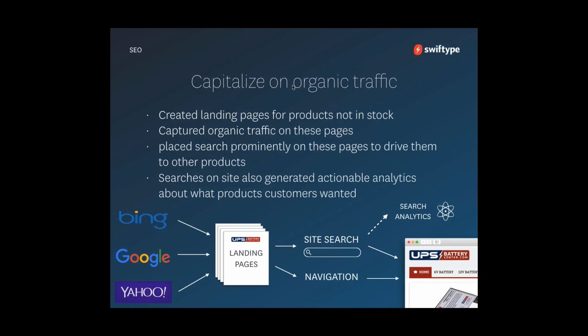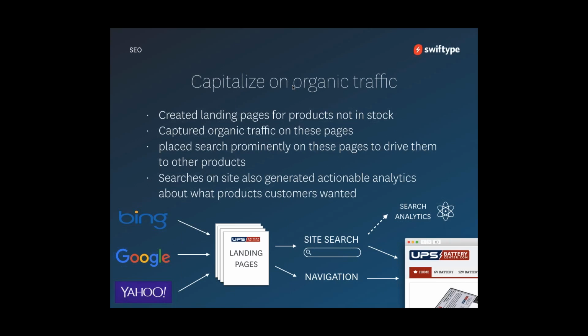But one of the interesting things that they have done is they've created a lot of landing pages for products that they don't currently carry, and they'll say that those products aren't in stock. Those pages then get captured in organic traffic and crawled by Google, and UPS Battery then gets traffic to the site from those pages.